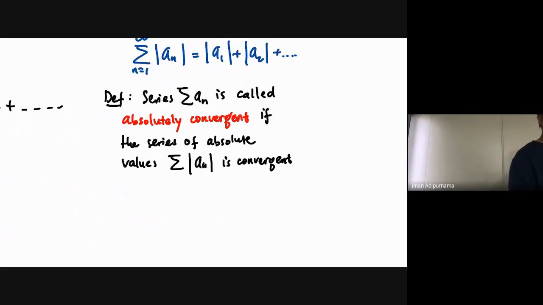Okay, that's the absolute one. And there is another one, conditional convergence. So it can be convergent, but it can also be divergent, depending on the absolute.